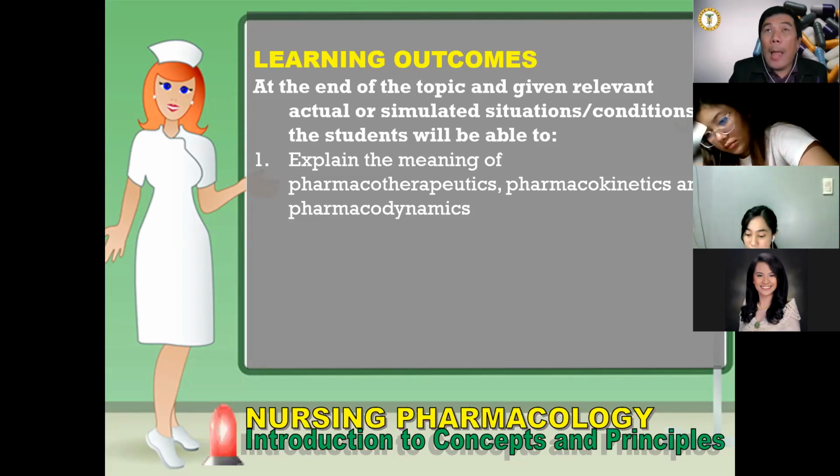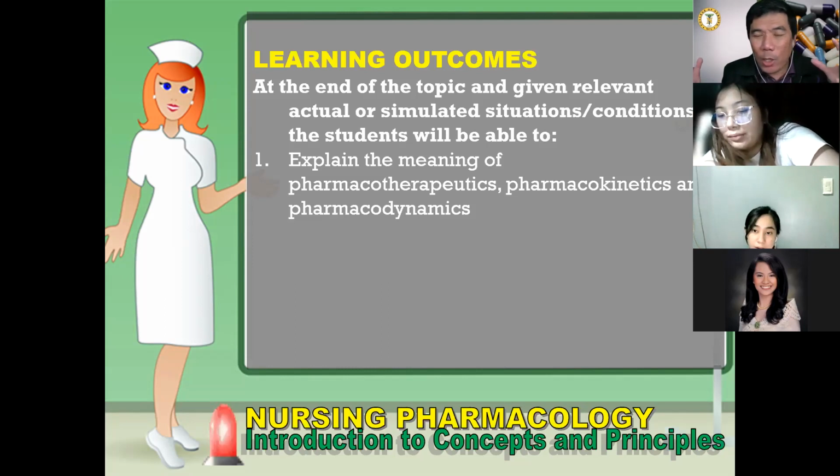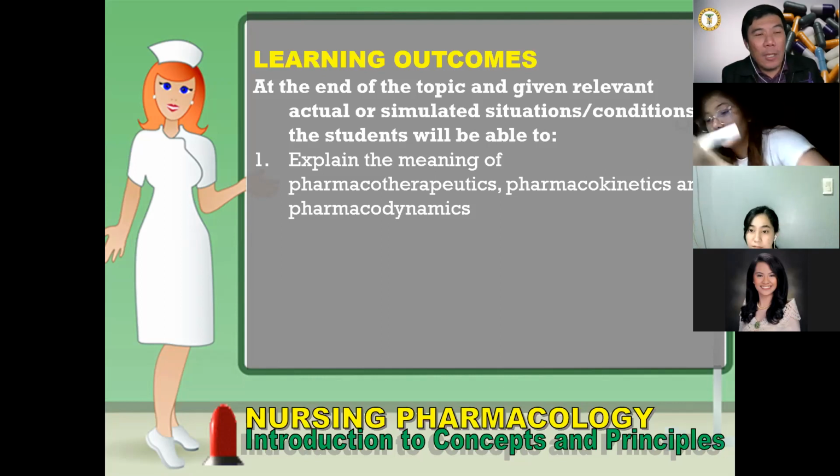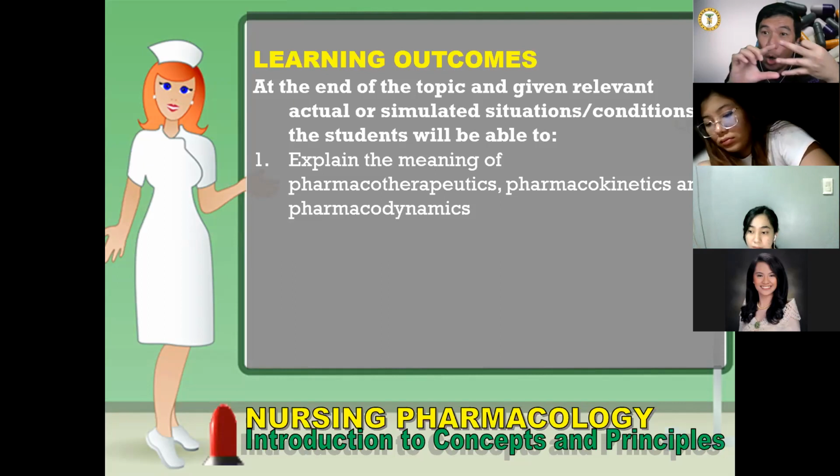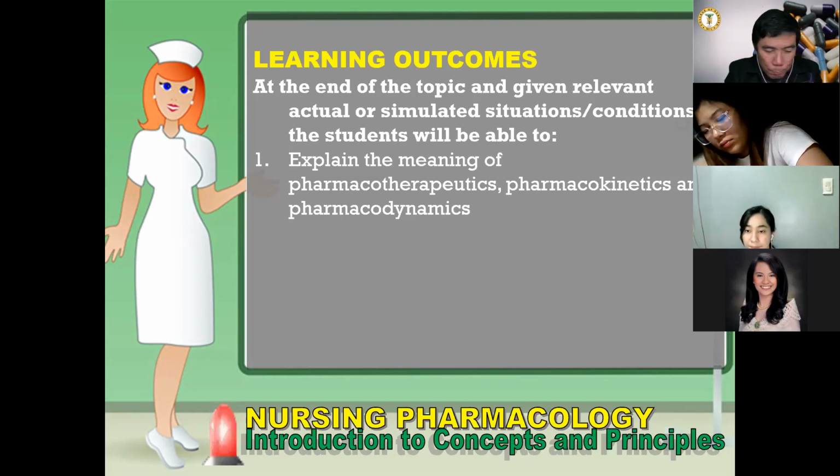For example, if you know anyone who's taking drugs ending in dipine, what are those? Drugs very common for those who have hypertension: amlodipine, felodipine, nifedipine. The common ending, the suffix, is dipine. One of the side effects of the drug is headache.